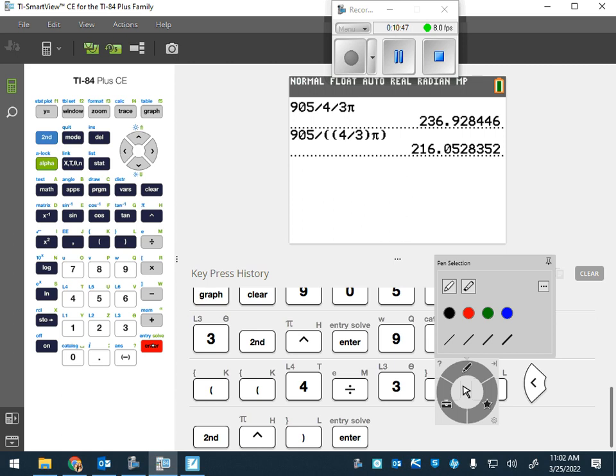Then you take the cube root. So what this one just did is 905 divided by 4 first, then divided by 3 pi, or did something crazy like that. Okay, so just be careful how you enter these in. All right. Any other questions on page 8? Yeah, Andrew.